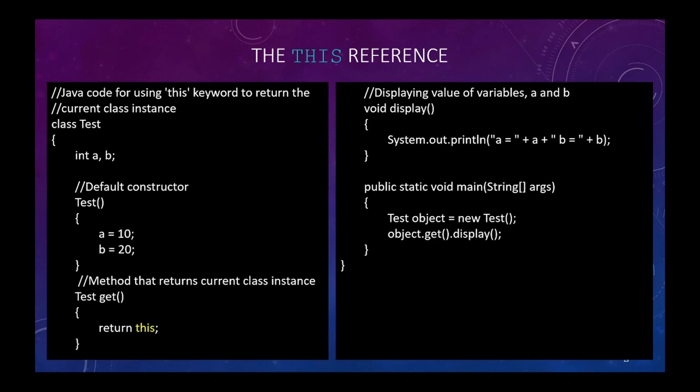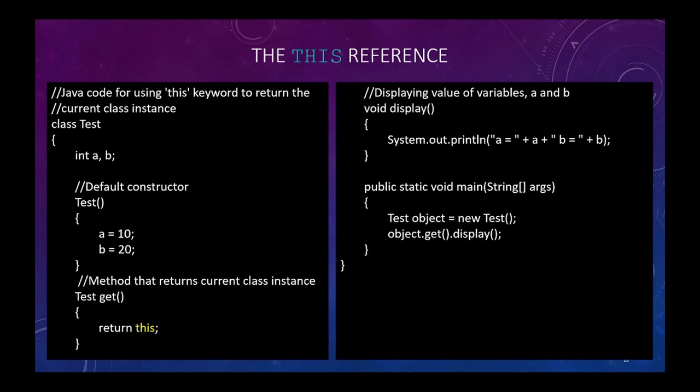It uses object new test. Okay, nothing different there. Object.get.display. Okay, the get portion of that is what is going to return a test object. Within that test object, it wants to go to the display. Okay, so that's how you can also use this to return the actual object that it is within.